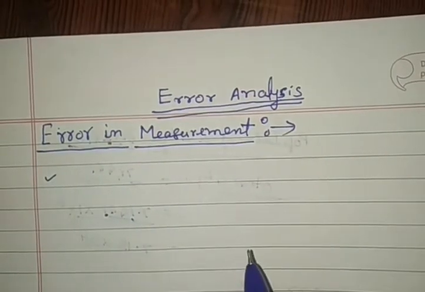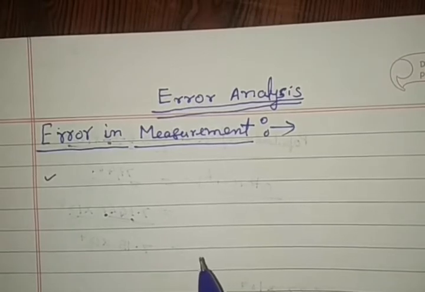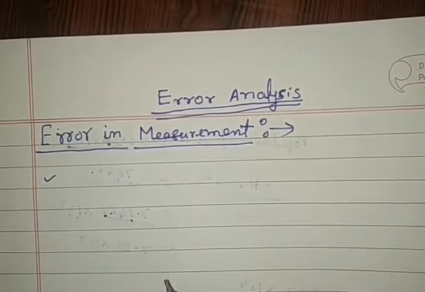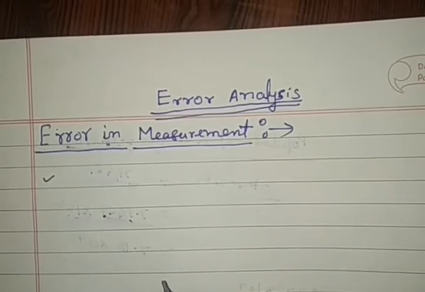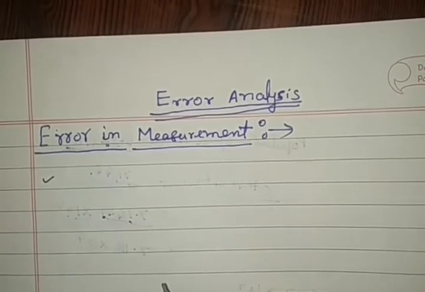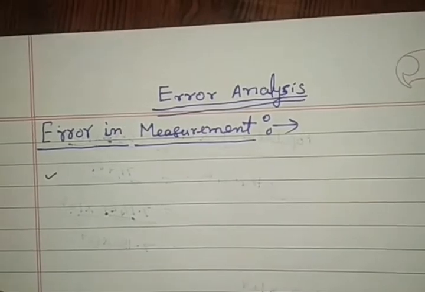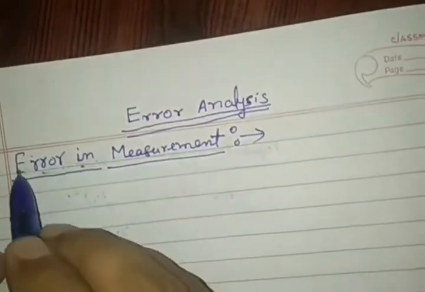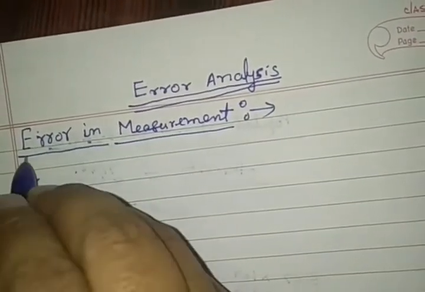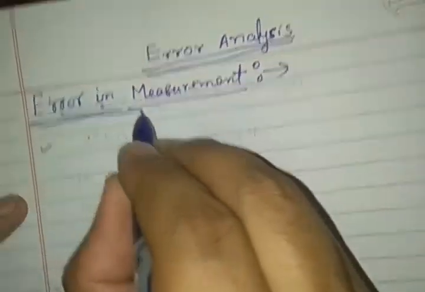This chapter has a very clear funda. Once the fundas are clear, the numericals can be calculated very easily. So let's see what error is and how it is calculated. In error, the first topic we are going to see is error in measurement.